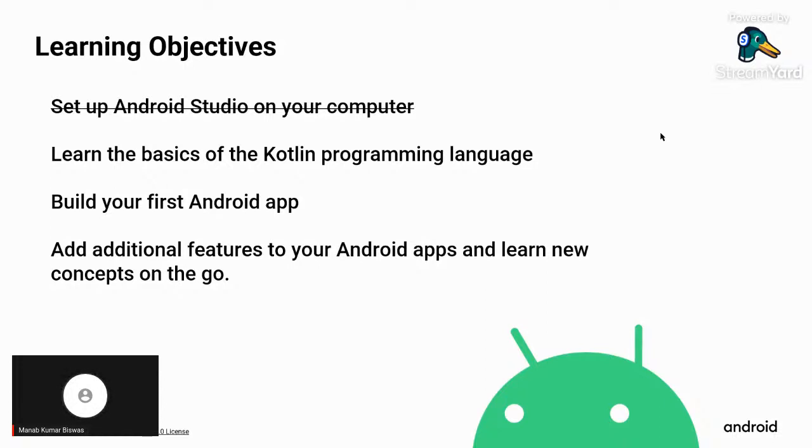And finally, throughout the course of these 3 sessions, we're going to be learning new concepts and adding them to the app that we already built in the beginning. So that way, we'll be discovering the set of functionalities you can add to your app and how much you can achieve by doing so.